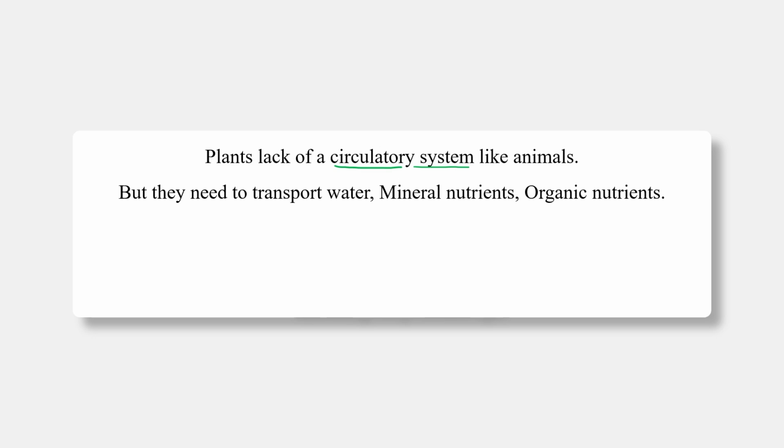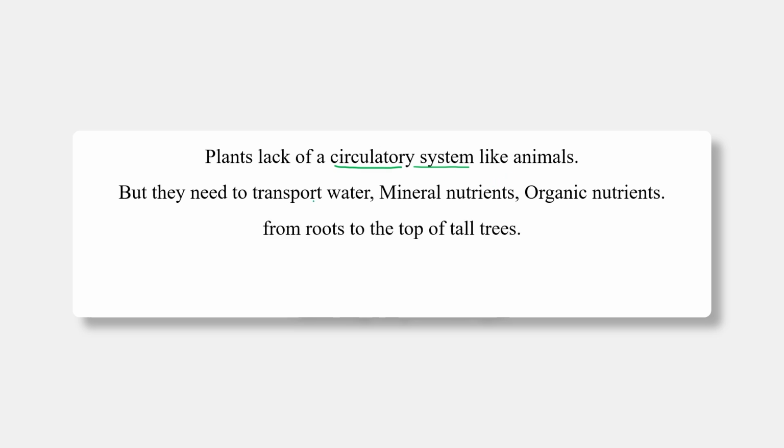And also, movement of water is required from root to other parts of the body. So they need to transport water, minerals, nutrients, and organic nutrients, and they don't have a circulatory system.